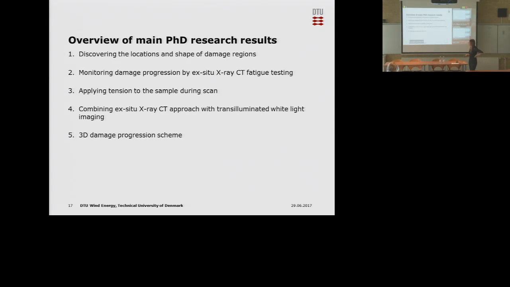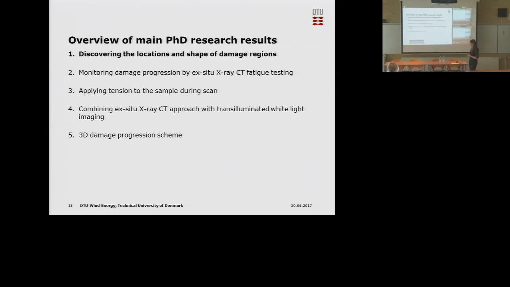This will be followed by applying tension to the specimens during scanning to see the effect on the damage. And also combining this ex situ approach with another experimental approach called transilluminated white light imaging, or camera and light. I'll end up presenting a 3D damage progression scheme established based on these observations.